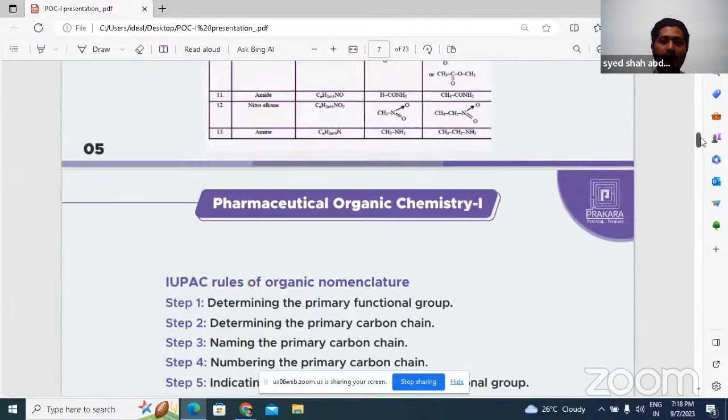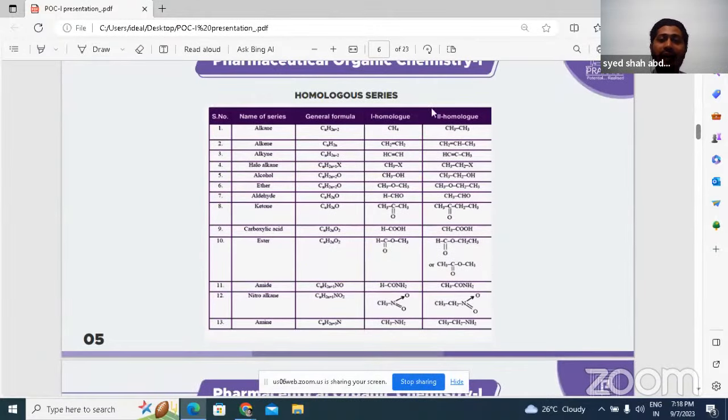So based on the functional groups, we have homologous series. Alcohols will have their own homologous series, ethers will have their own, aldehydes will have their own, ketones, carboxylic acids, esters. What is a homologous series?